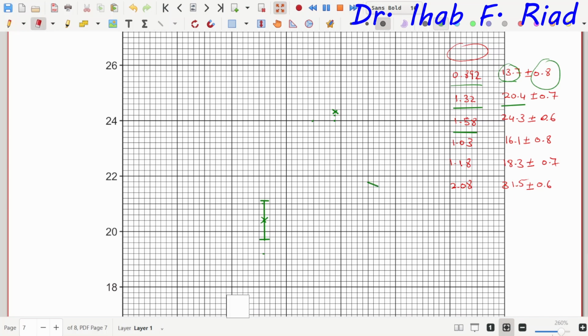24.3 plus 0.6 is equal to 24.9. We have 24.3 minus 0.6. We have 23.7. Okay, so it goes to 24.9 and down to 23.7.